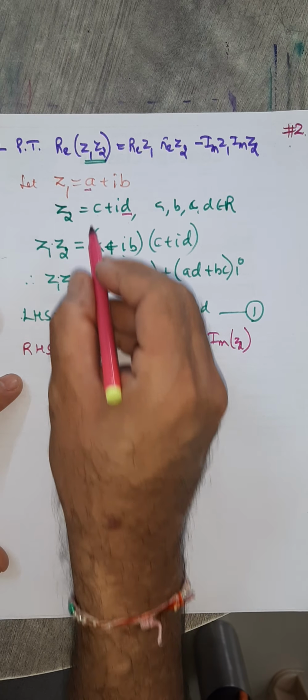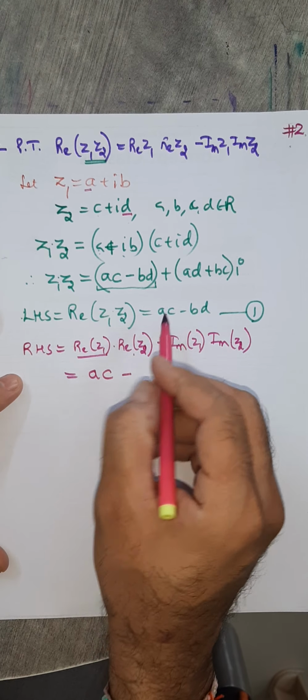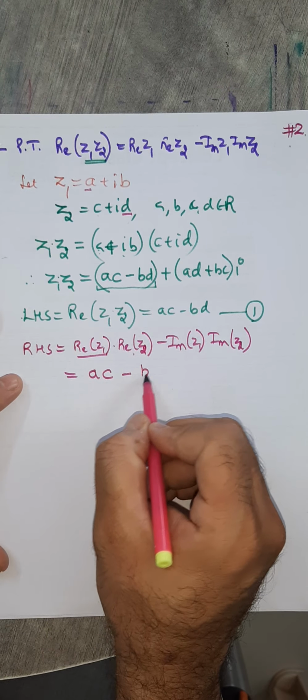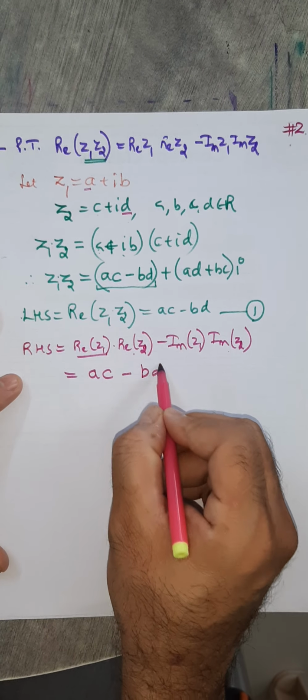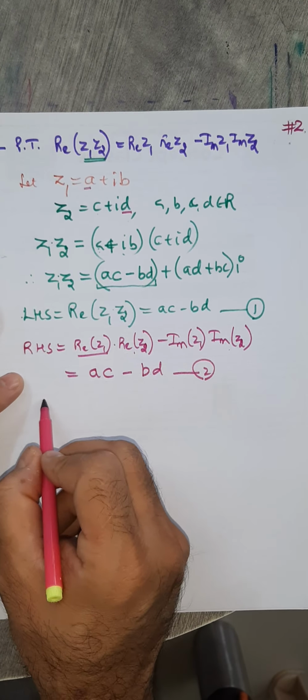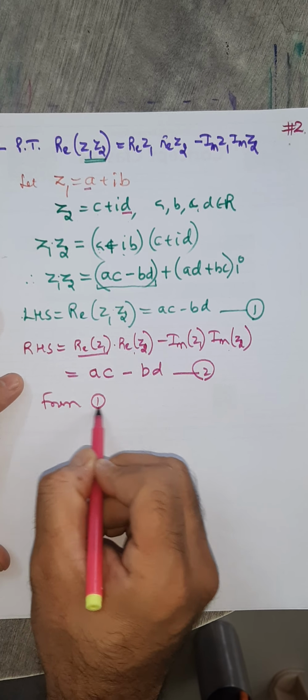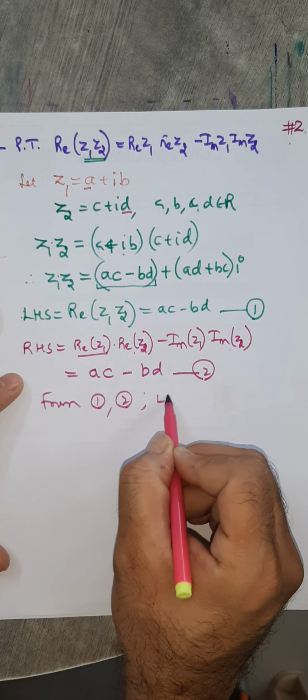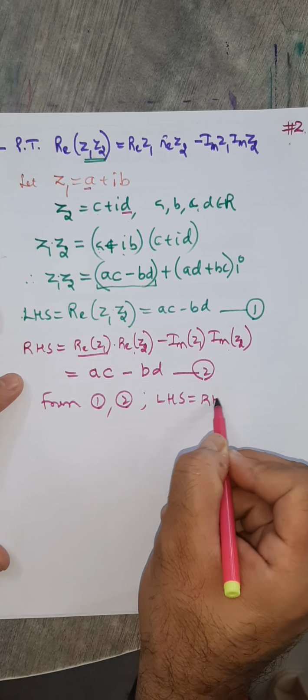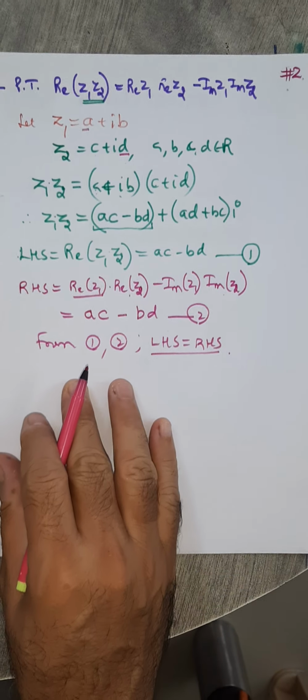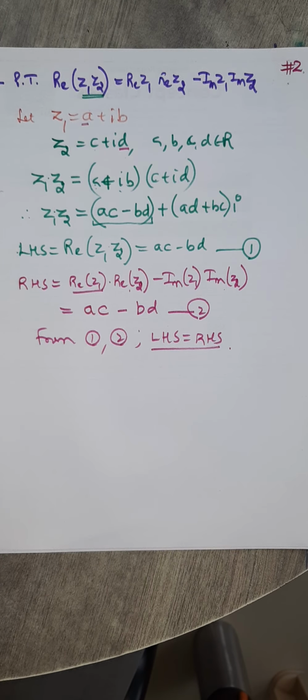Sorry, real part of z2, which is c, minus imaginary part of z1, which is b. Imaginary part of z2, which is d. This is 2. So from 1 and 2 here, you have LHS equals to RHS. So shown that the both are equal. We go to question number 3 now.